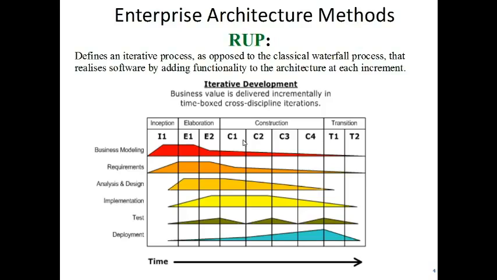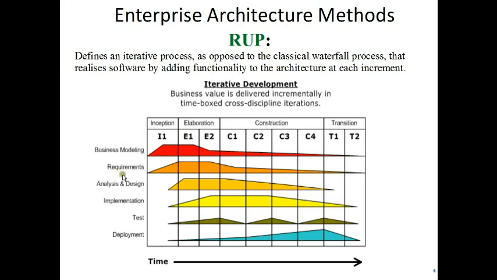In an iterative method, business value is delivered incrementally in time-boxed cross-discipline iterations, as you can see in this diagram. On the top, we can see the life stages of the life cycle, such as inception, elaboration, construction, and transition.